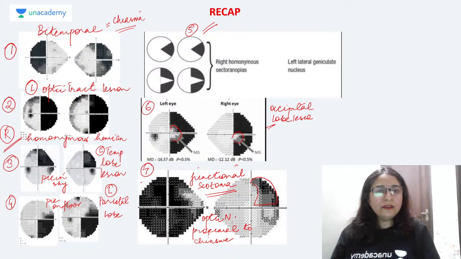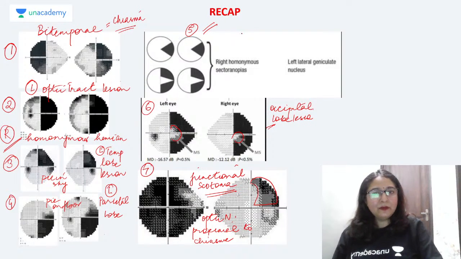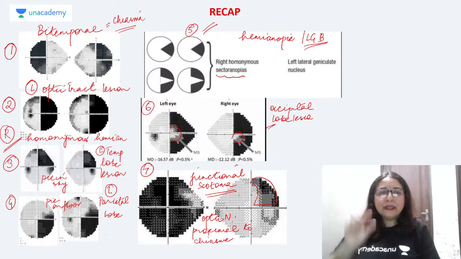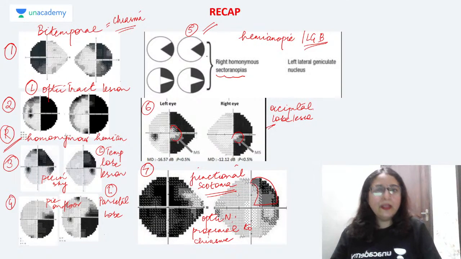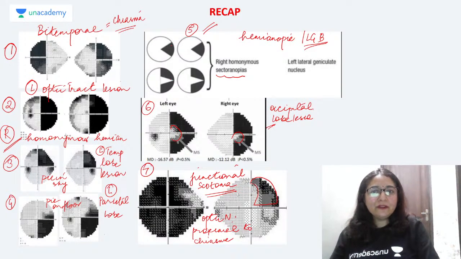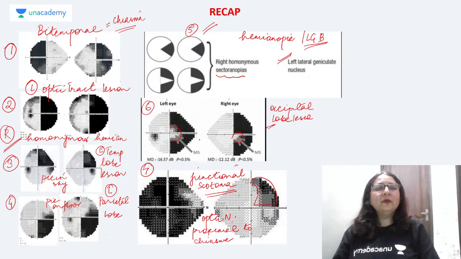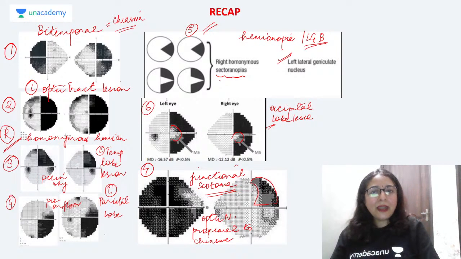Okay. Now coming to this particular image. Lateral geniculate nucleus involvement can produce hemianopias, but it can also produce quadrantic defects or sectoranopias, where a particular sector is involved. If you come across these kinds of defects, they are due to lateral geniculate body involvement, and they are your sector defects, also known as keyhole field defect.